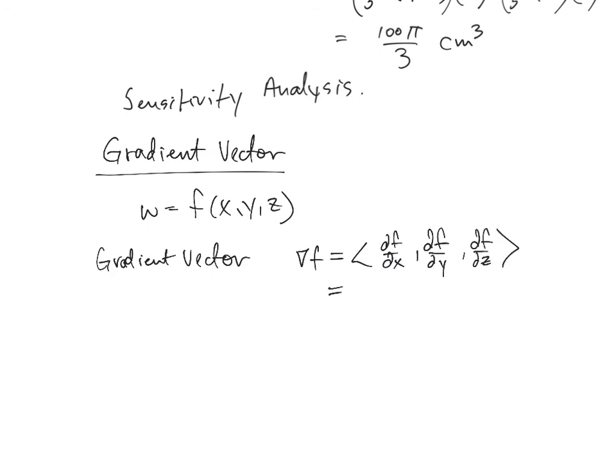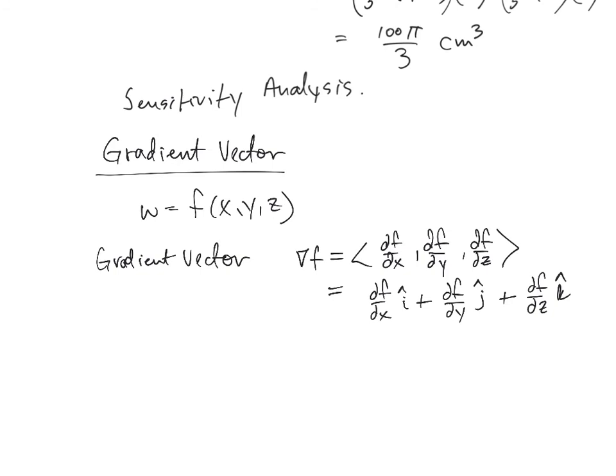Or, again, we could write it like this, using ijk for the components of our vector, in case you see this on a quiz or a final exam. Okay, that's what we call the gradient vector. It's a vector, and the components of this vector are the partial derivatives of our function.